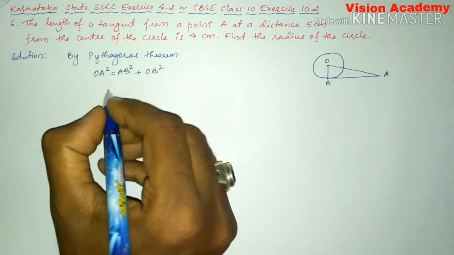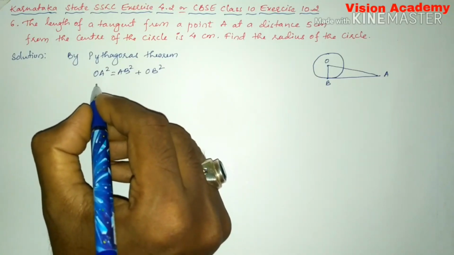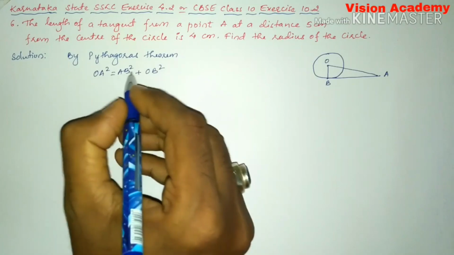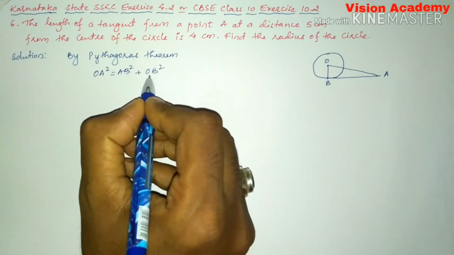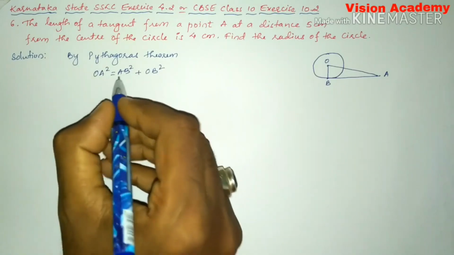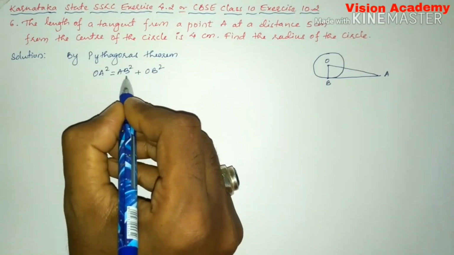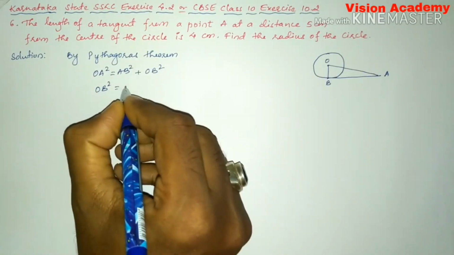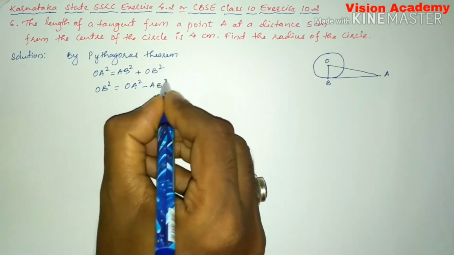So here we need to find OB square because we need to find the radius of the circle. Now let us transform this AB square from RHS to LHS. Now it will become OB square is equal to OA square minus AB square.